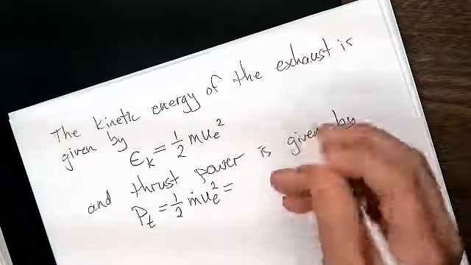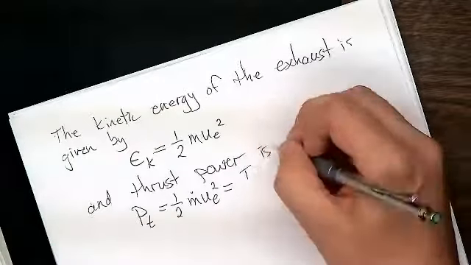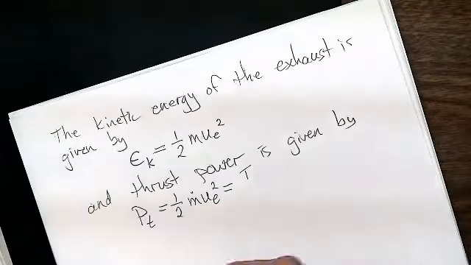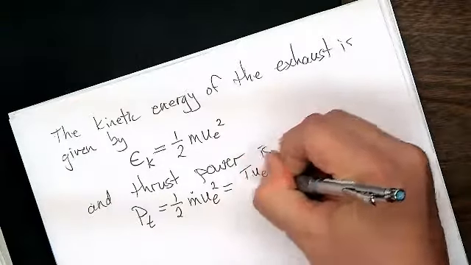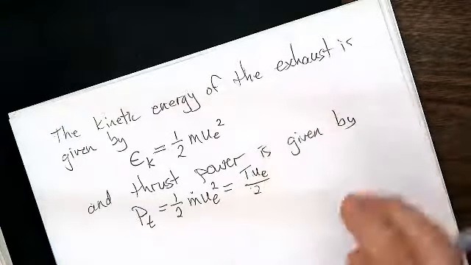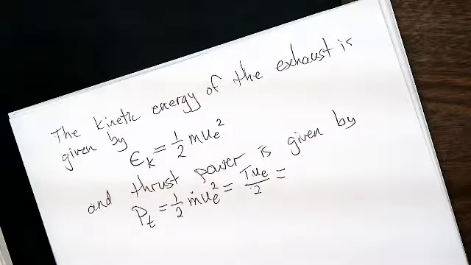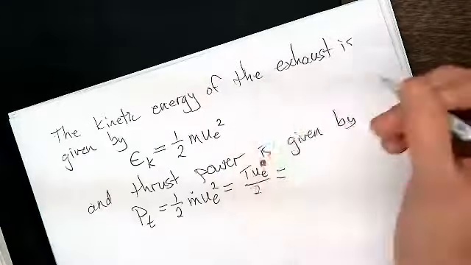And if we substitute in for m dot, m dot times u is the thrust, so that's m dot RT times the exit velocity divided by 2. Velocity is not squared.